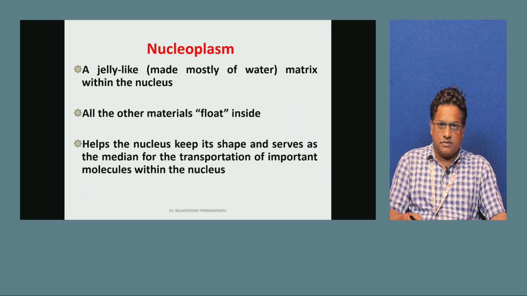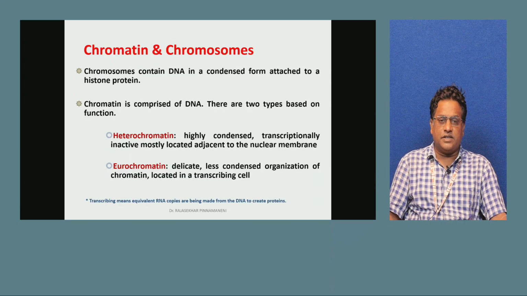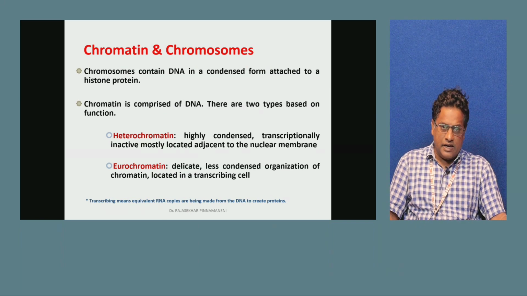Then you have the nucleoplasm, a jelly-like substance, mostly water, within the nucleus. All the material floats inside it and helps the nucleus keep its shape. Then you have chromatin, which means the DNA and the protein.